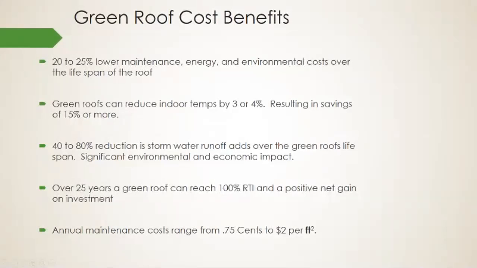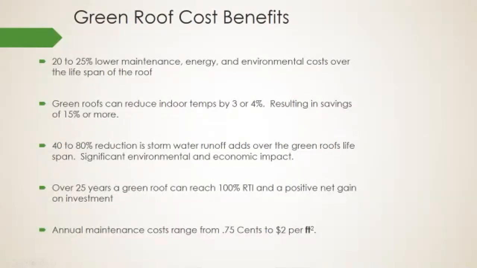And so that's a really significant amount of energy, lowered maintenance and costs. And the green roof can extend the life of the roof structure. So it can extend the life of that waterproof membrane on a roof that's going to need to be there anyway on flat roofs.